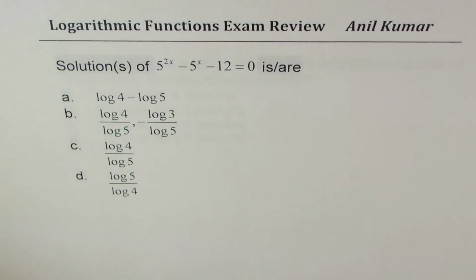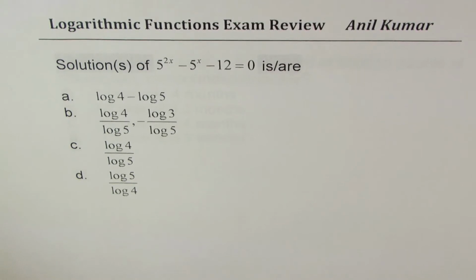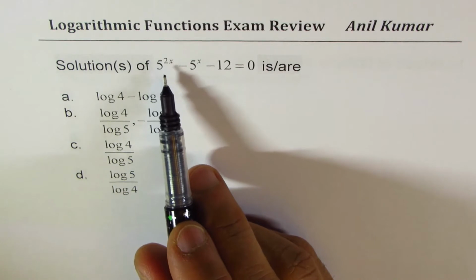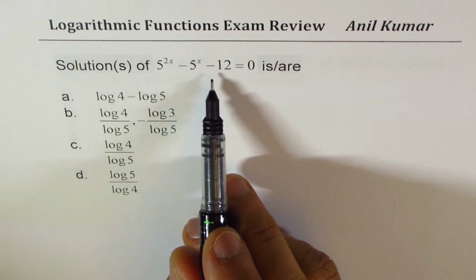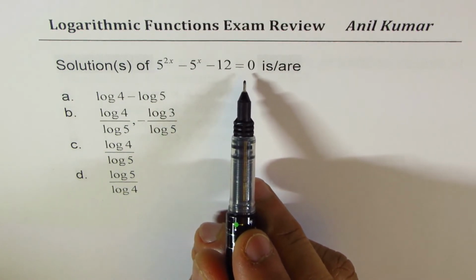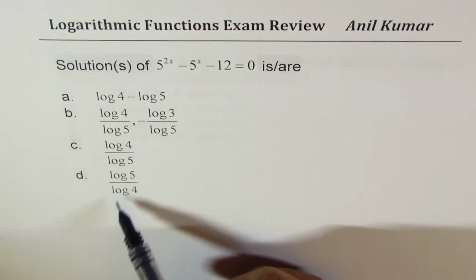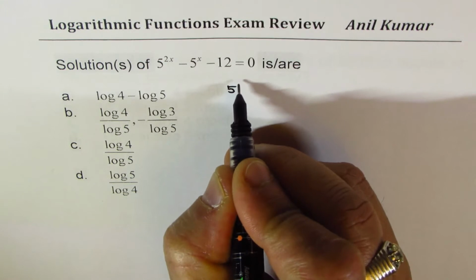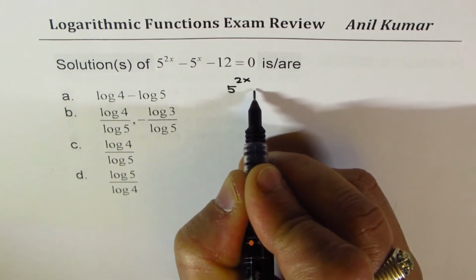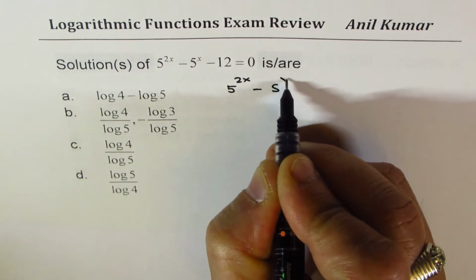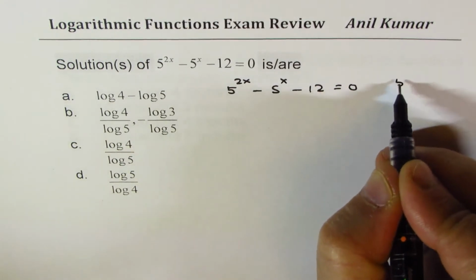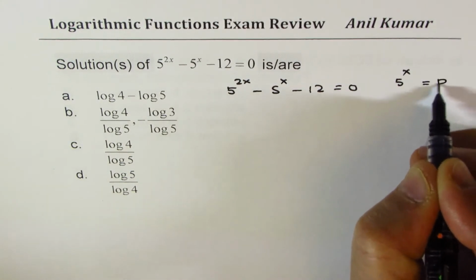Now we have a quadratic exponential equation to solve. The equation is: solutions of 5 to the power of 2x minus 5 to the power of x minus 12 equals 0. So these solutions are one of the given. Let's solve it. I can substitute 5 to the power of x as, let's say, p.